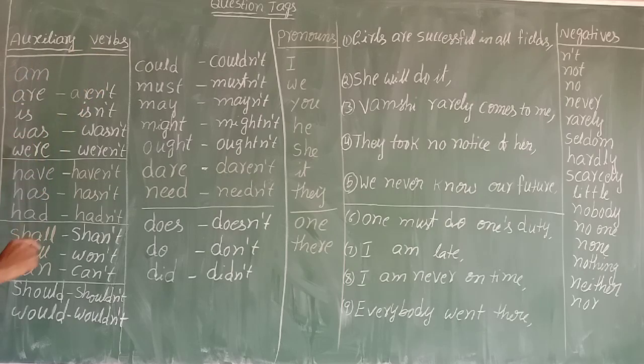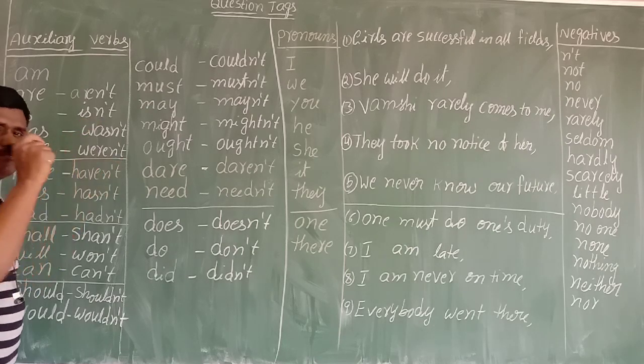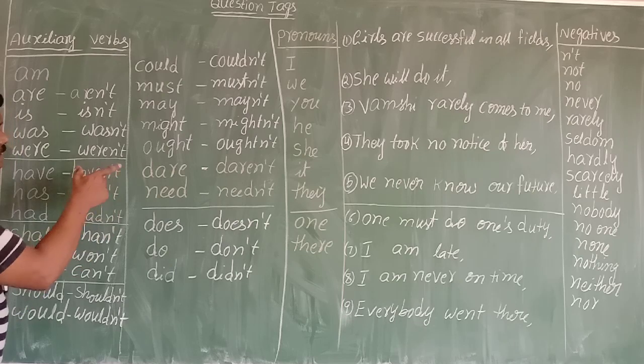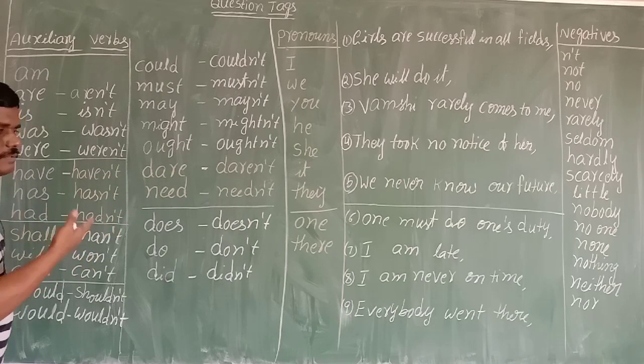Auxiliary verbs are helping verbs. If required, you can pause the video and write them down. These are very basic things for any class, especially elementary classes, and even in higher order they are basics.